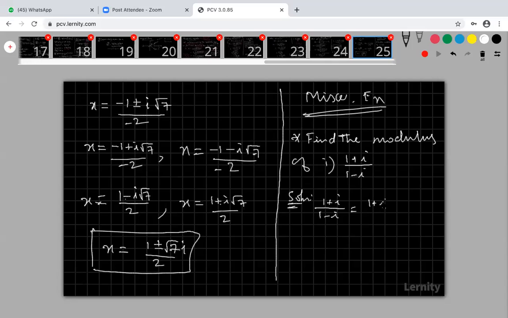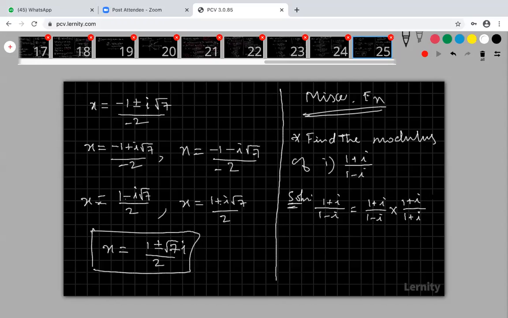1 plus i divided by 1 minus i means multiply by the conjugate. What is the conjugate of 1 minus i? The conjugate is nothing but the image of the complex number. The conjugate of 1 minus i is 1 plus i. So multiply numerator and denominator by 1 plus i.